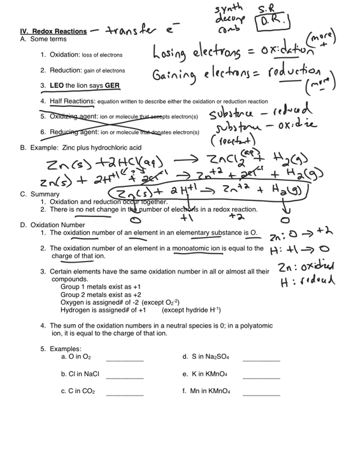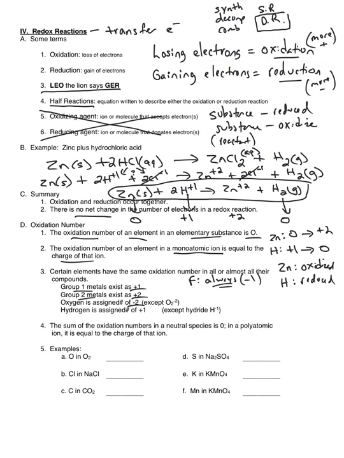Okay? Certain elements have the same oxidation number in almost all compounds. Group 1s are almost always +1. Group 2 is almost always +2. Oxygen is almost always -2. The 2 times that it isn't is when it's with fluorine. And the reason why is fluorine, which you need to add to this list, fluorine is always -1.